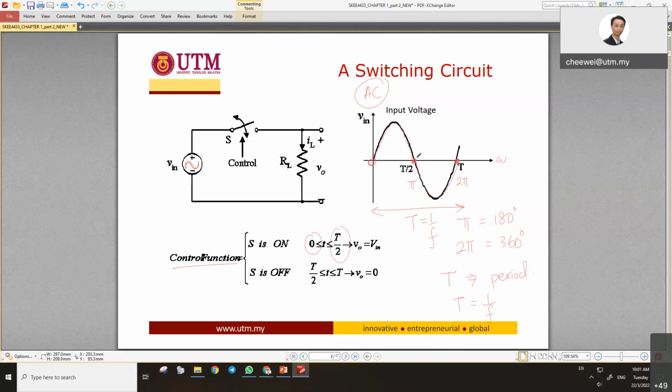Let me name it A, B, and C. So the switch is on from A to B, and the switch is off from half to T, which is from B to C. Let's imagine the current flowing from A to B. It can go through because the switch is on, right? On means closed, off means open. When it is closed, what happens to the load?